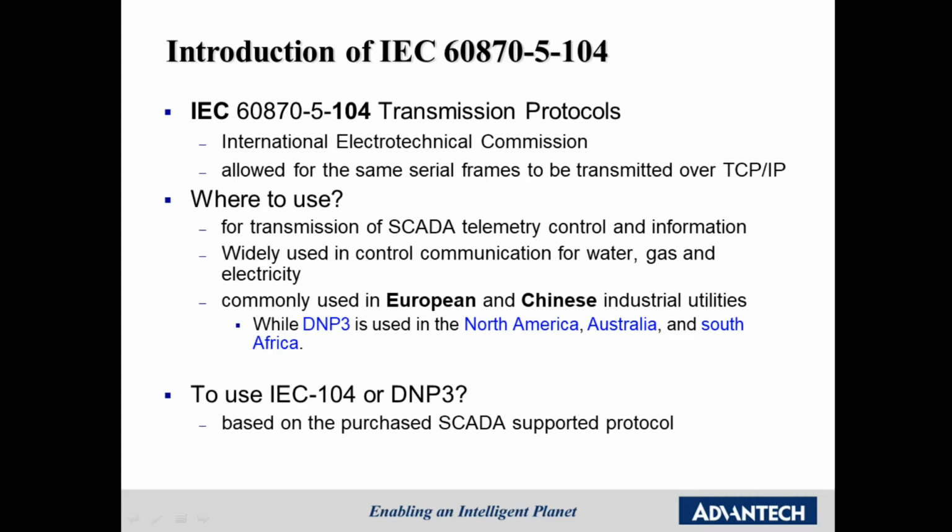The areas where it is commonly used are Europe and China, in industry utilities, while DNP3 is used in North America, Australia, and South Africa. So how could the user choose to use IEC 104 or DNP3? This is based on what SCADA they purchased and what protocol it supports.